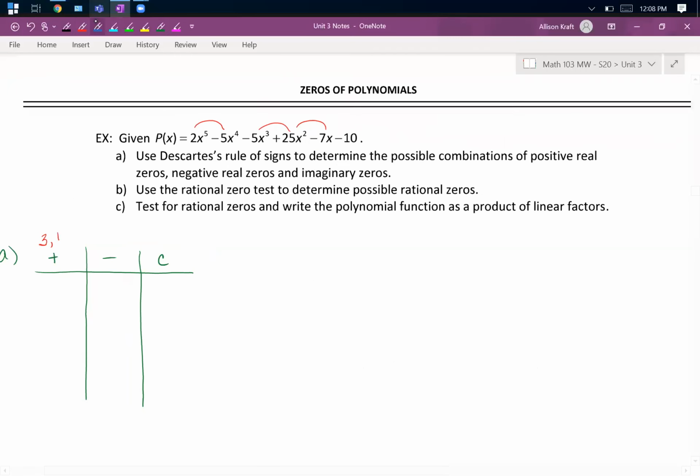We're going to do the same thing for negatives, but we need p of negative x.